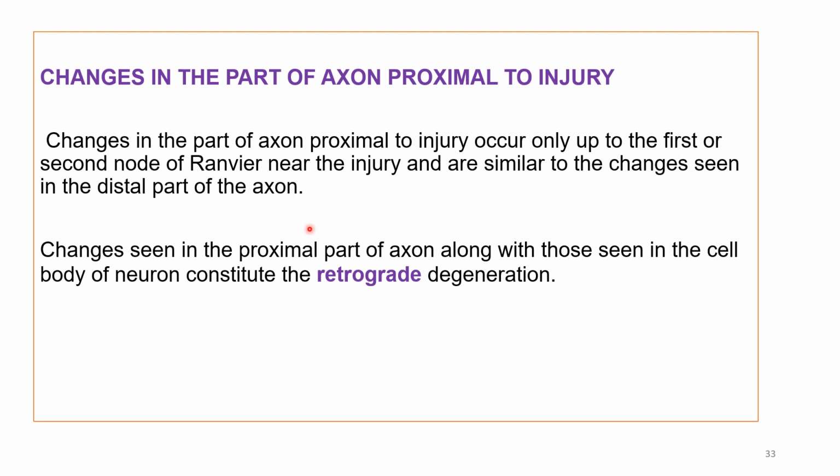So in Wallerian degeneration, the entire axon will show these degenerative changes. But in retrograde degeneration, the changes will appear only up to the first or second node of Ranvier from the site of injury.